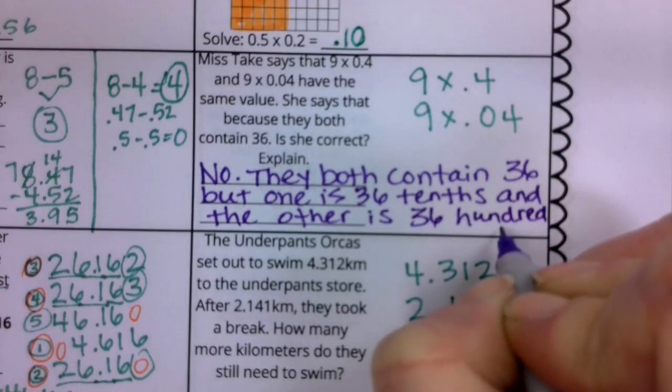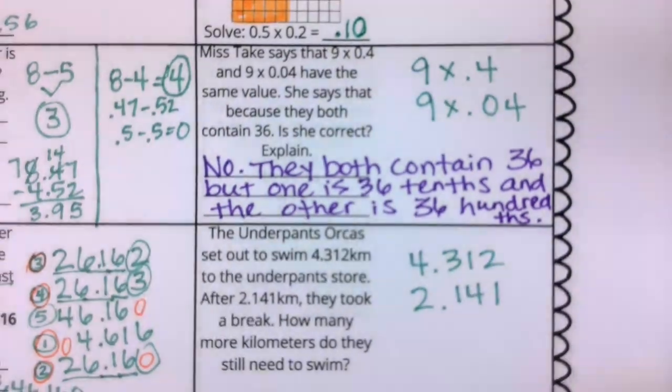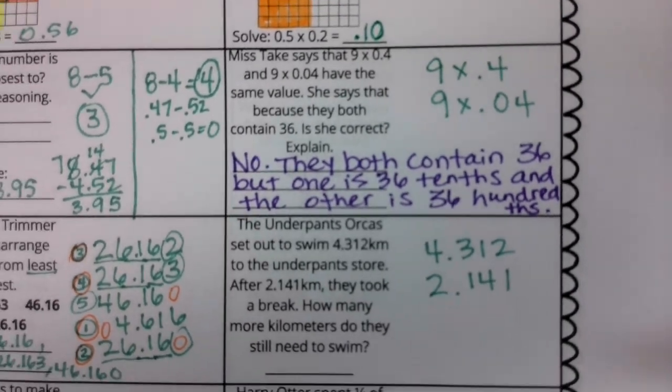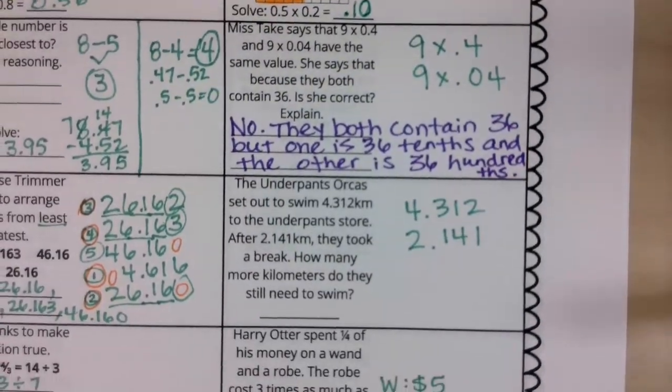Remember, boys and girls, that is like 36 pennies. So we can look at that question and know those are not the same thing. We have to pay attention to place value.